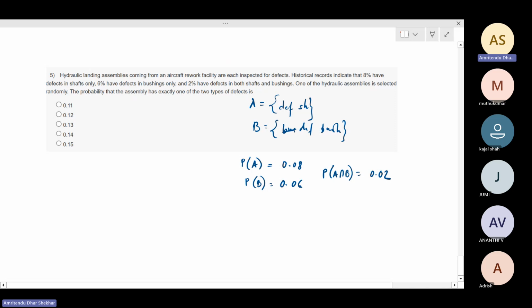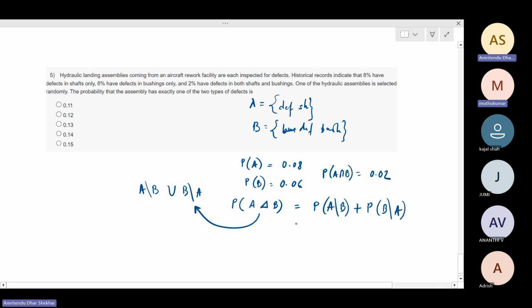Now, what they're asking is the probability that the assembly has exactly one of the two types of defects. So essentially, they're asking what is the probability of A delta B. This is called the symmetric difference. This stands for A minus B union B minus A. So this is equal to P of A minus B plus P of B minus A.